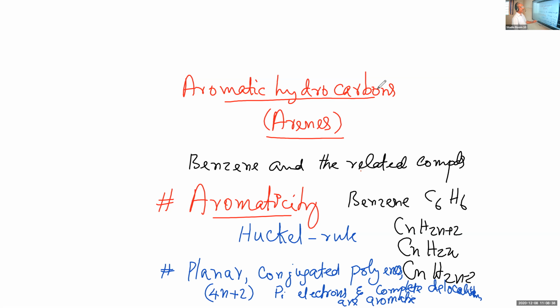Planar conjugated polyenes. The molecule or the ion should be a planar one. You know polyene. What is the meaning of polyene? Poly means more than one.